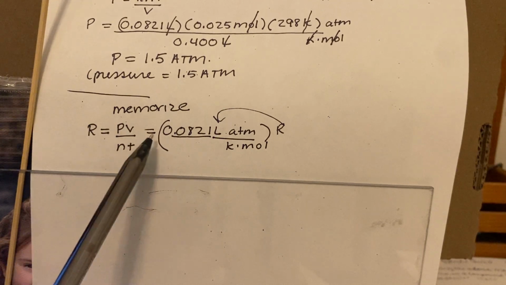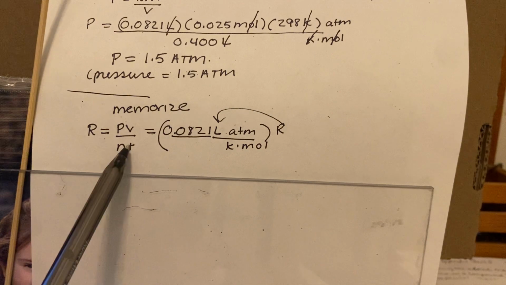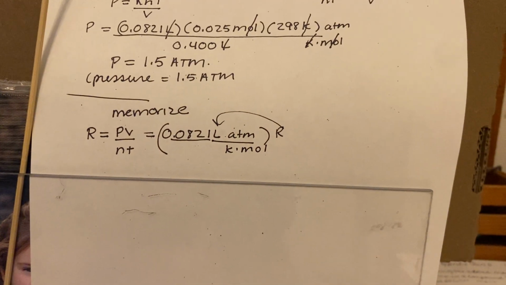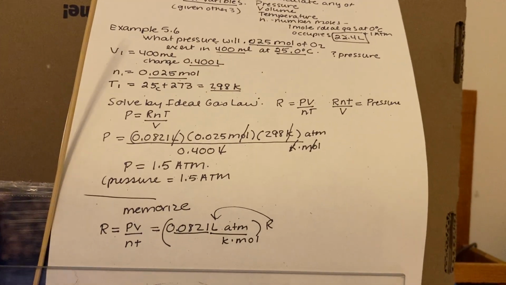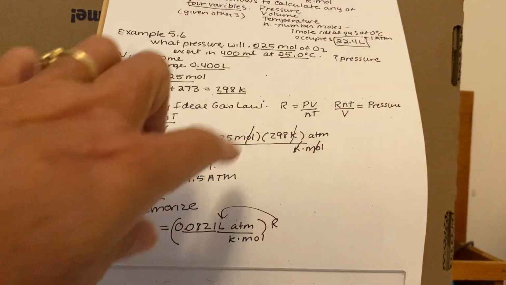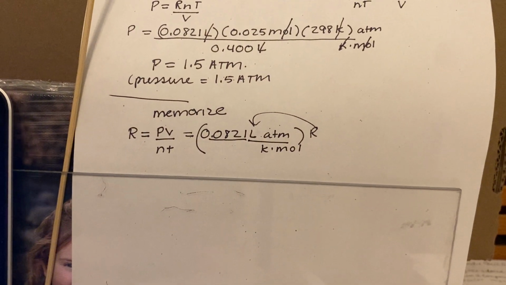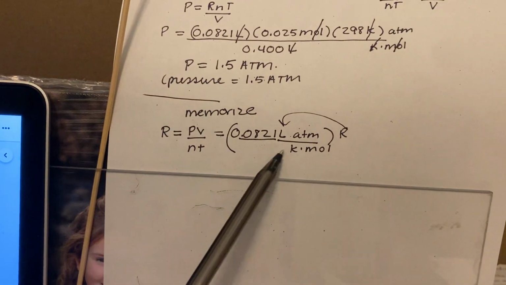And then if we're looking for any of these, we can find out just like I did up here with the pressure, and I changed it to find the pressure. You can find any of them. You can find pressure, you can find volume, you can find the moles or the temperature, you can find anything, any of these.